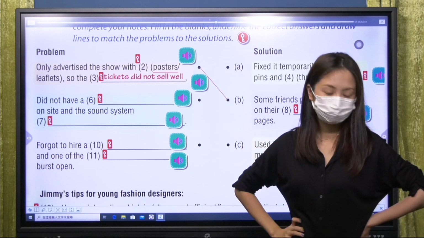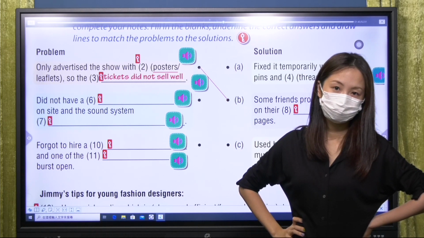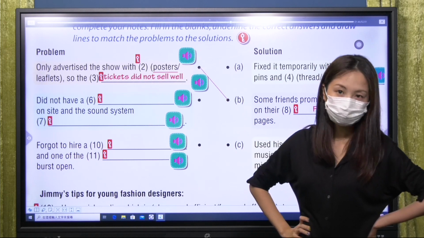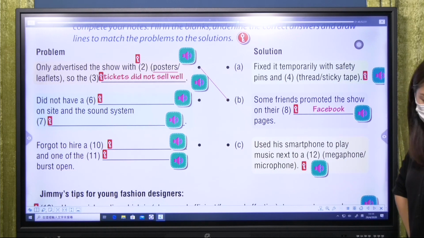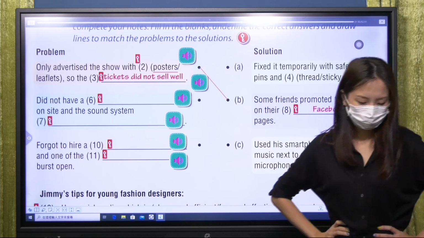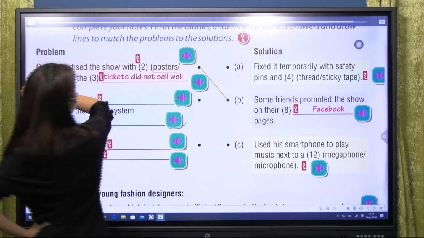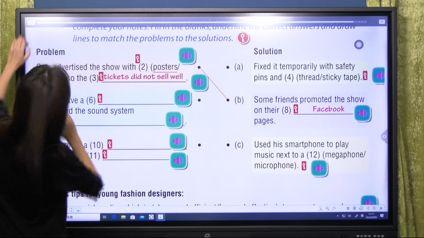I only asked a friend to play a CD during the show. Unfortunately, the sound system broke down. I had no choice but to use my smartphone to play music next to a microphone. The effect wasn't great. That was very unlucky. Indeed.